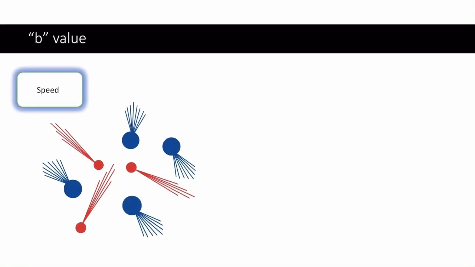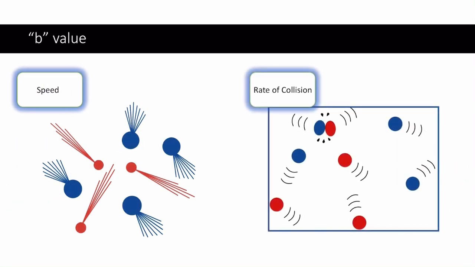As we all know from the previous slide, B represents the size of gas particles. A more technical term is that B represents the total volume per mole occupied by gas particles. The size of gas particles can be estimated by the speed of gas particles. This is because smaller particles move faster and larger particles move slower, usually due to their weight. A second way to predict the size of the particle is the collision rate of the particle.